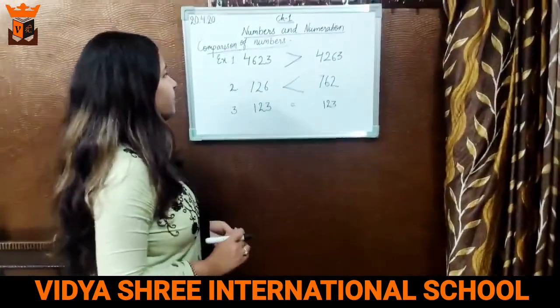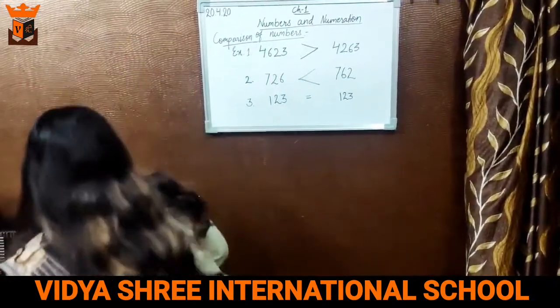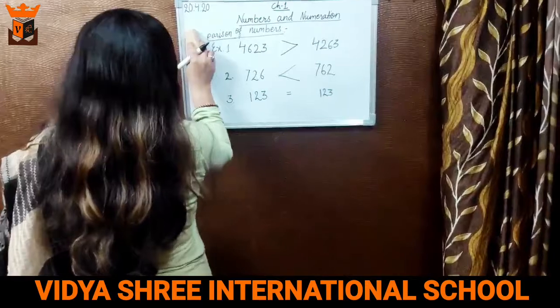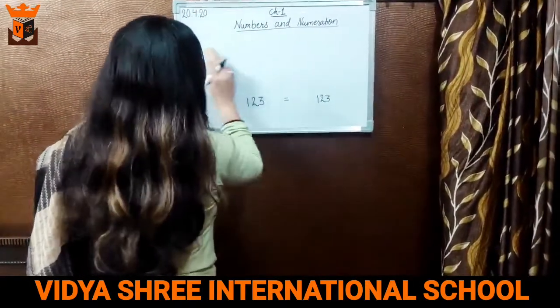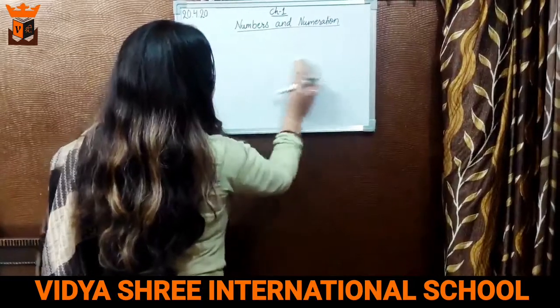Okay. Now the next topic is the greatest and smallest numbers. How will you make the greatest and smallest number with the digits which are given to you?